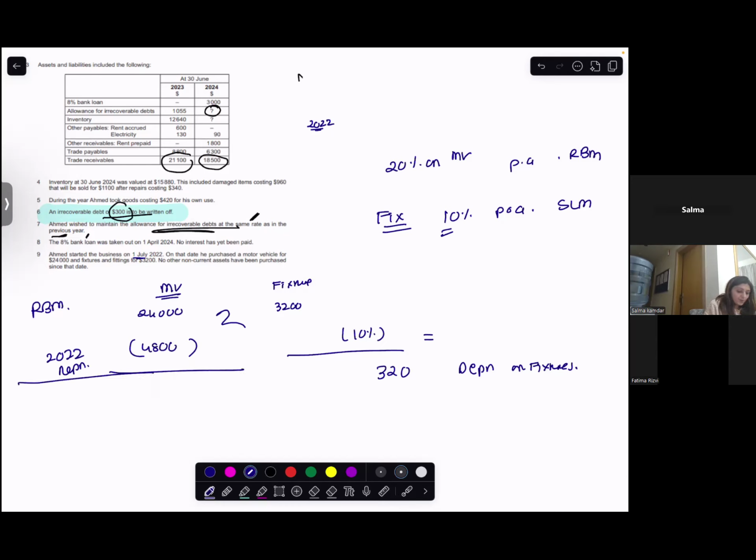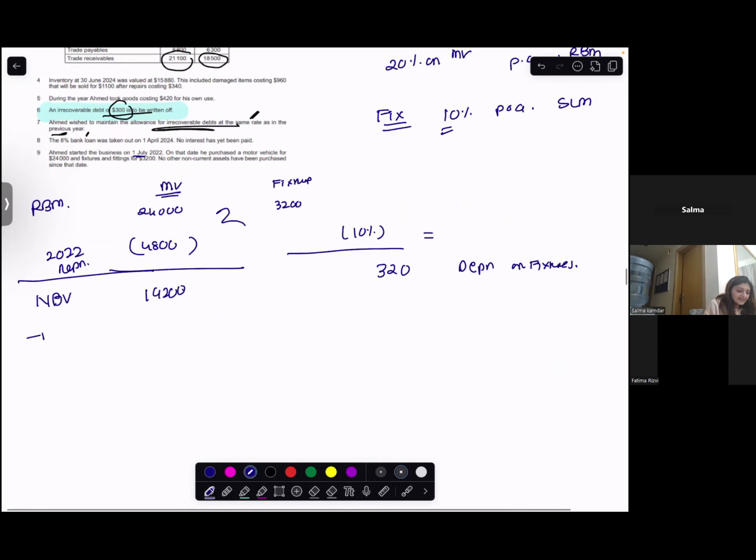So the net book value is how much? 19,200. I hope you're with me. Then I do depreciation for 2023, 20% of the net book value, so 3,840. What I get is 15,360 net book value.